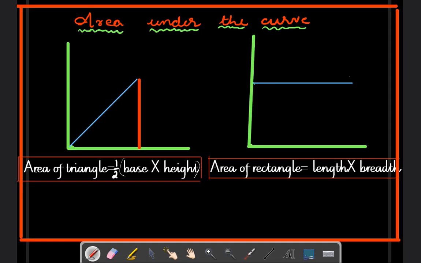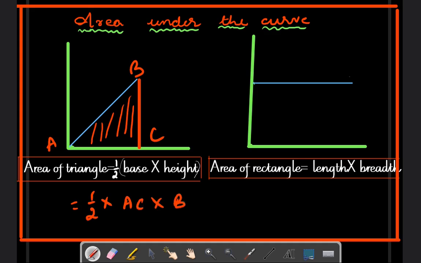Next, if the graph is like this, then this region will give me the area and we can see it has the shape of a triangle. So in this case, we are going to find area of triangle which is equal to half base into height. If these points are A, B and C, my base here is AC and my height is BC.